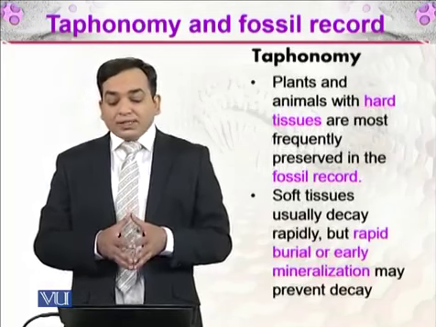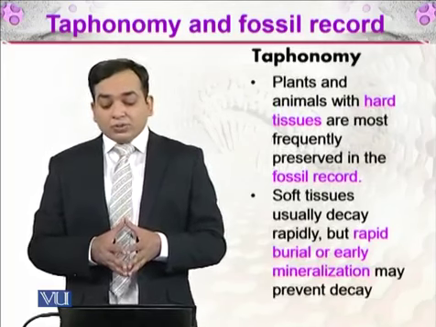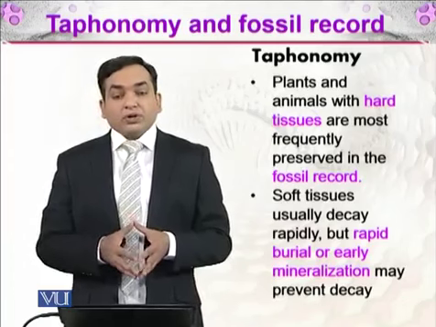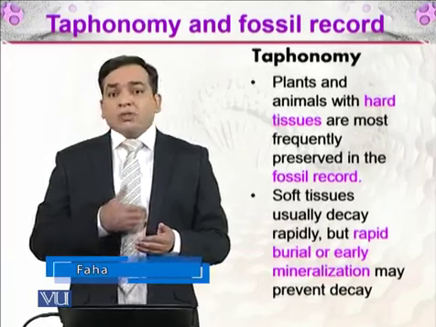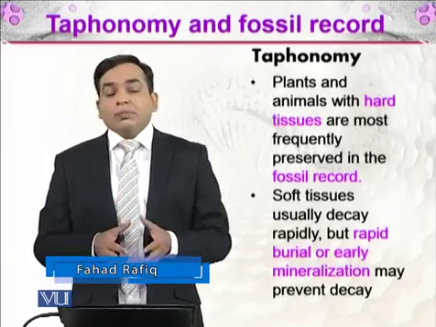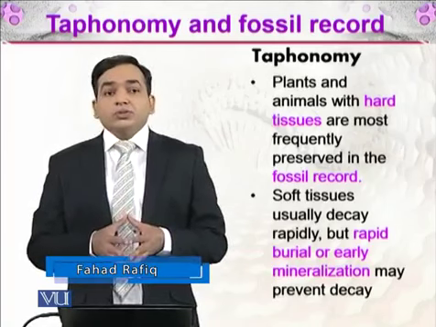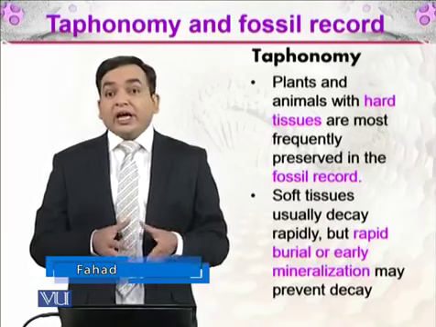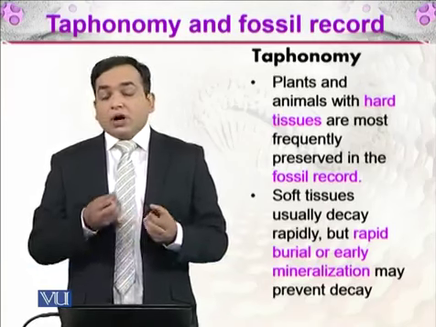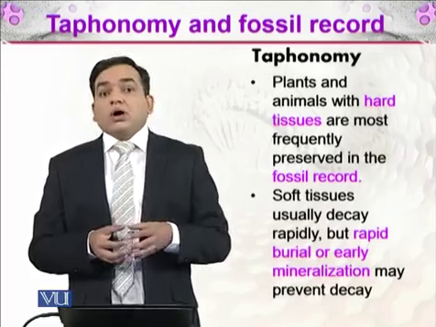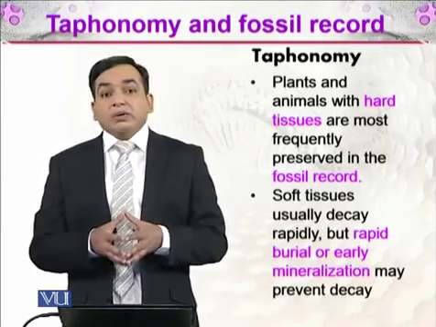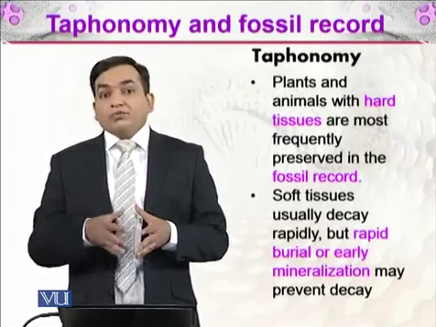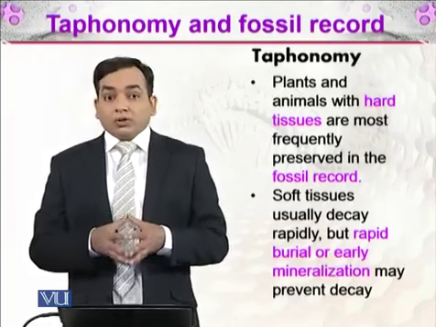So the plants and animals with hard tissues are most frequently preserved in the fossil record. The reason is very commonsensical. Why hard? Because the soft tissues are much more prone to decay and scavenging, right? So the hard tissues, just like bones or nails, cannot decay properly, and even if they do, they take a long time.